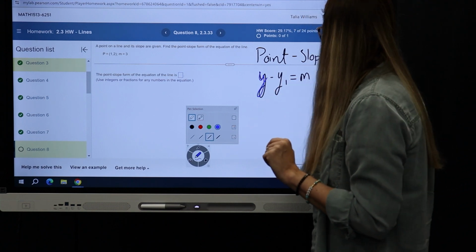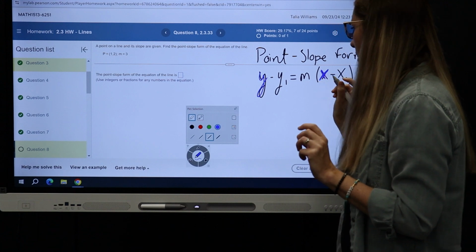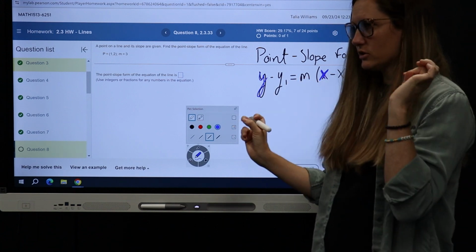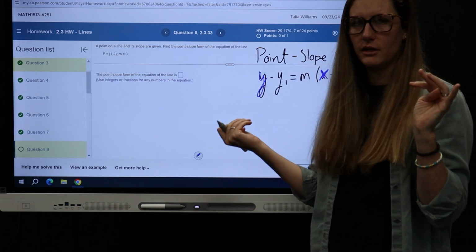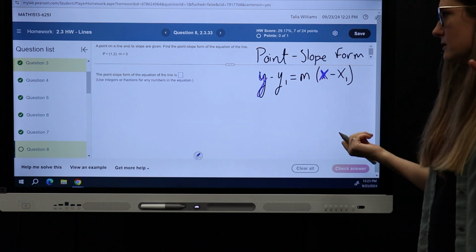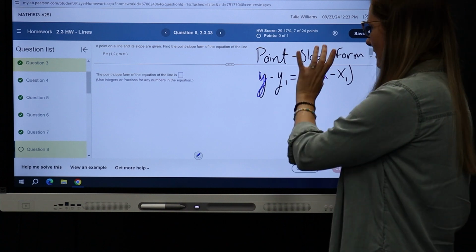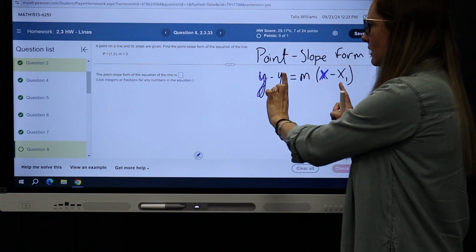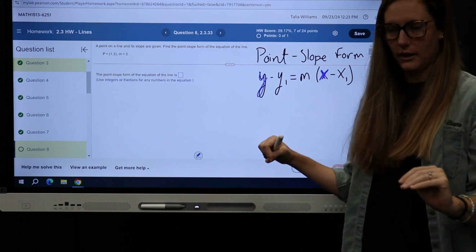This one and this one are always going to be y and x. You're not going to change them out. You have to have your y and your x for it to be a line, unless it's the undefined one, but that's rare. But y and x, those two stay in your equation even when you simplify.